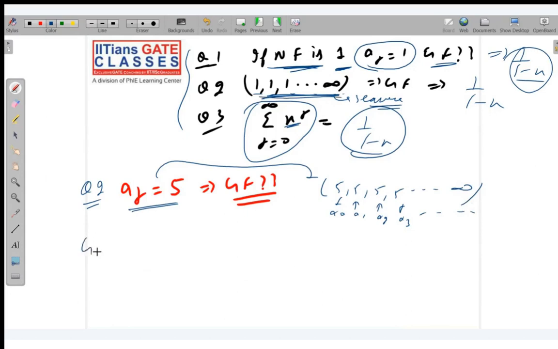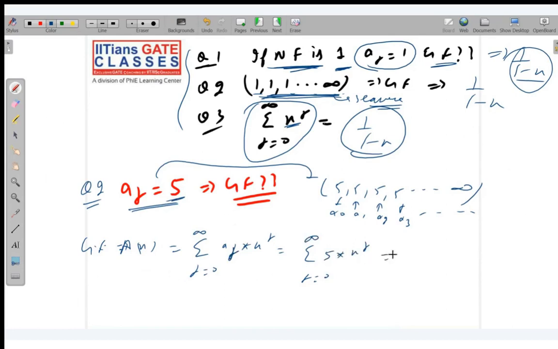So what is the generating function? Simply apply the formula. The generating function is represented by A(x). A(x) is the sum over r equal to 0 to infinity of a_r multiplied by x power r. Here a_r is 5, so 5 multiplied by x power r.